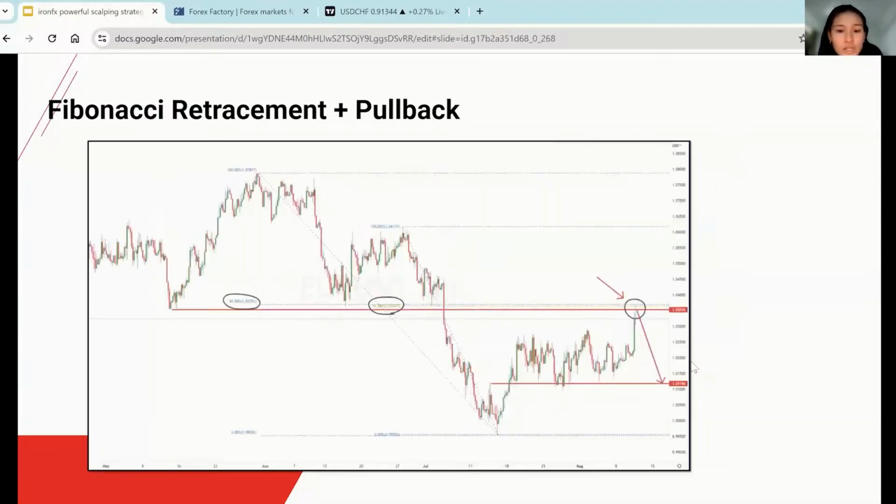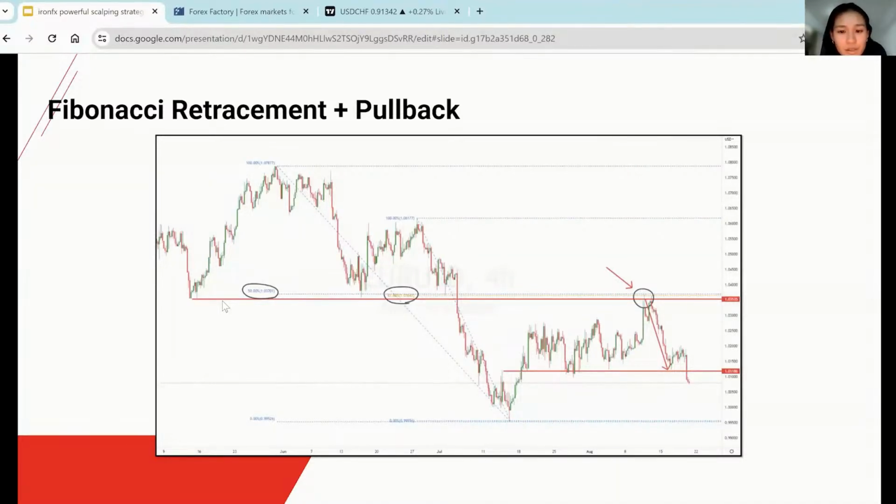Going back to this example, we have another retracement from this swing high to this bottom. Instead, we have a 50% Fibonacci retracement that lines up with that same area.